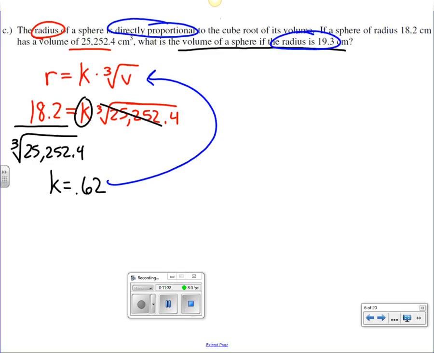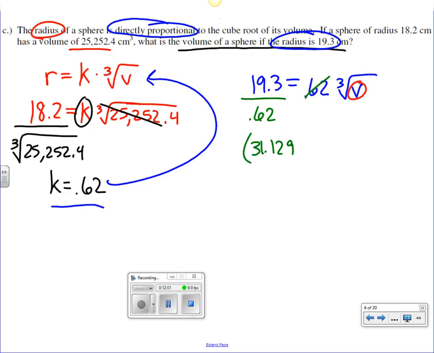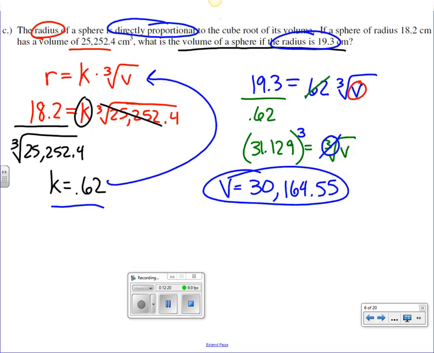This time the radius is 19.3 equals, we know k, 0.62, and the cube root of v. We're trying to find the volume. So to get v by itself, first thing you do is divide by 0.62, and that gives you 31.129. And then to get rid of the cube root, you raise it to the power of 3, which gives you 30,164.55. And that's your answer.